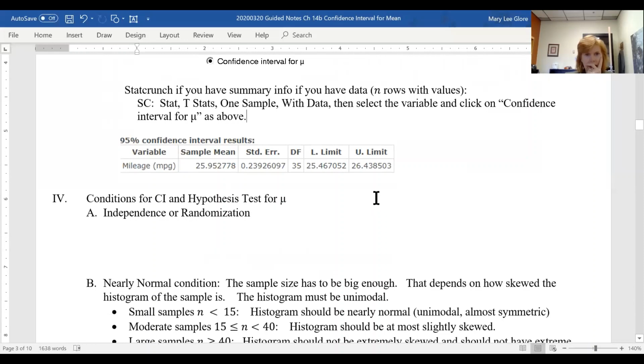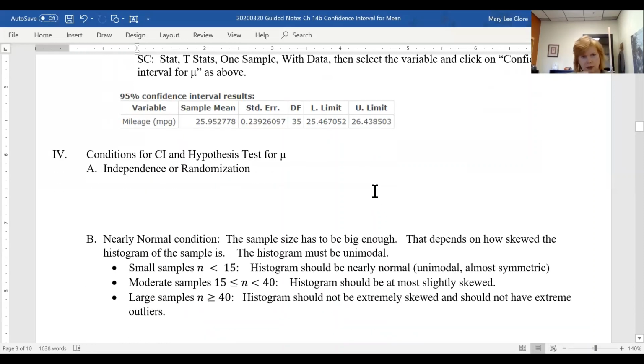So now we have how to get the interval, but we didn't talk about the conditions. For every confidence interval or test, we always have the independence of randomization condition. So basically what we want is a good sample, one that looks like the population.